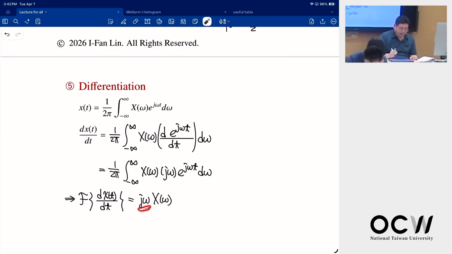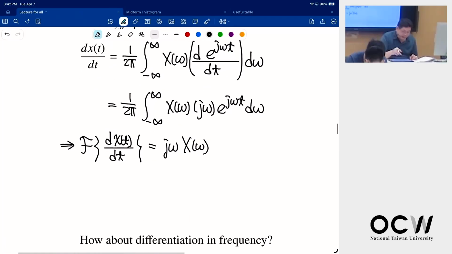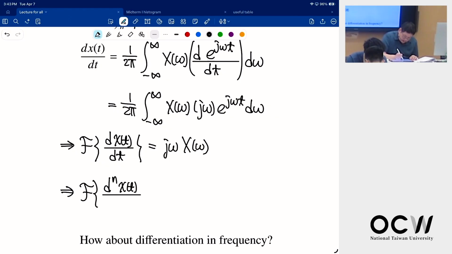So if I take the derivative nth times, I have the nth derivative, then I generate j omega n times.